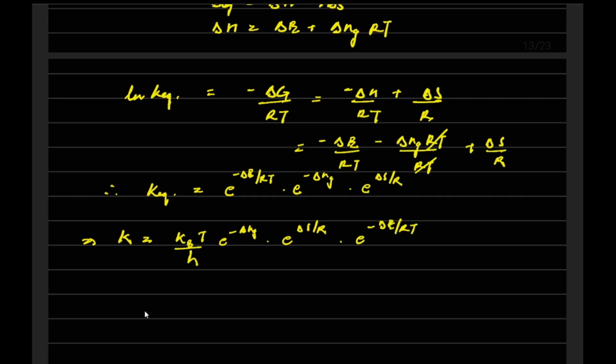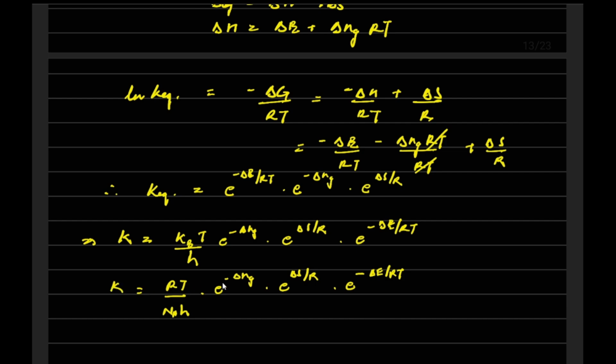Okay, so from here we can write this as RT by Nah into e to the power delta S by R into e to the power minus delta E by RT.